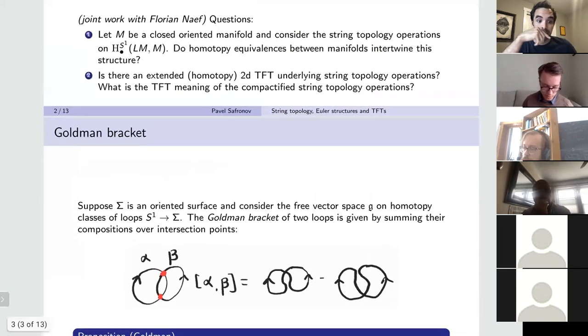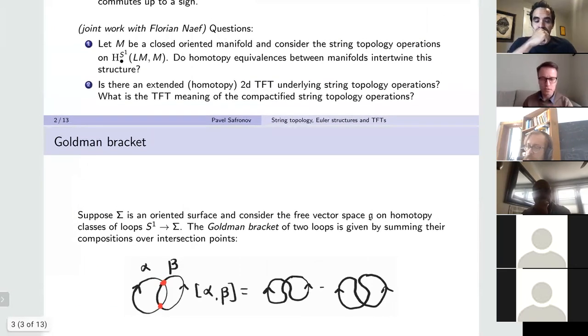But let me begin with the old story of the Goldman bracket. Let's say you have an oriented surface, and you consider loops inside of the surface. Let's look at the free vector space on homotopy classes of loops in Sigma. Then this vector space has a Lie bracket called the Goldman bracket.